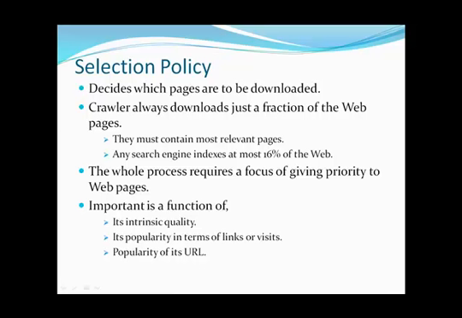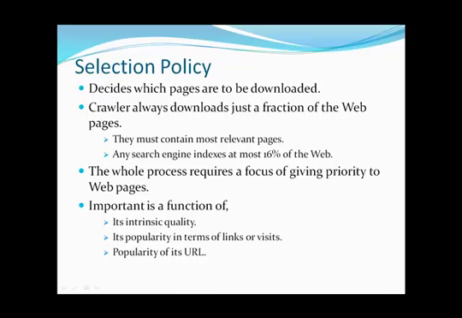A study by Lawrence and Giles in the year 2000 showed that no search engine indexes more than 16% of the web. The process requires a metric of importance for prioritizing web pages.